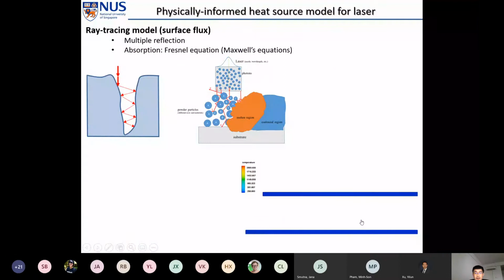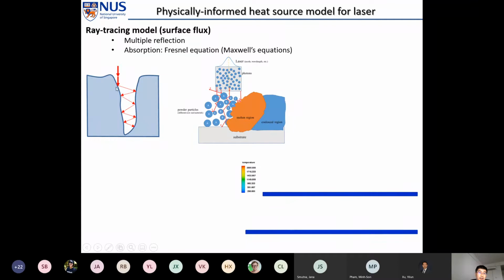For laser, the heat source model is a different story because the energy of an individual photon is much lower than the energy of an electron. So the photon cannot really penetrate deeply into the material. Instead, it just gets reflected. So there will be multiple reflections within the keyhole or between the powder particles.